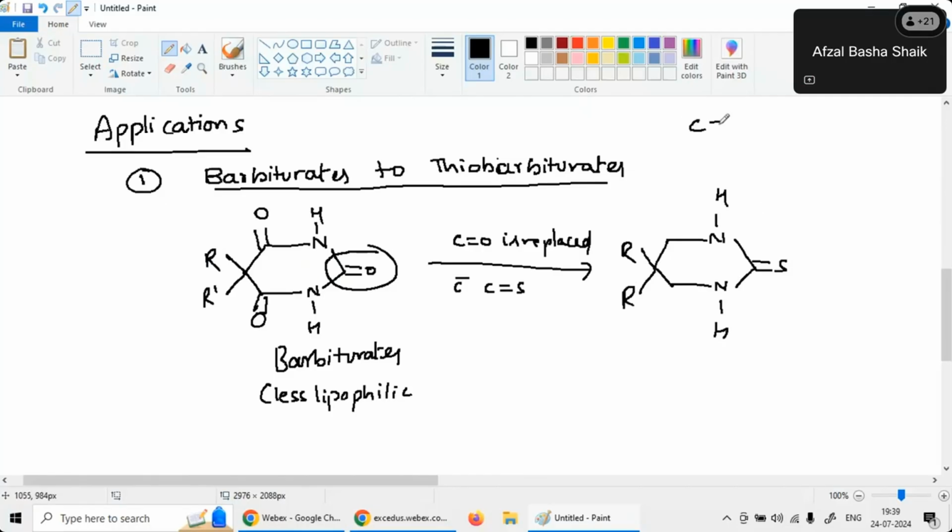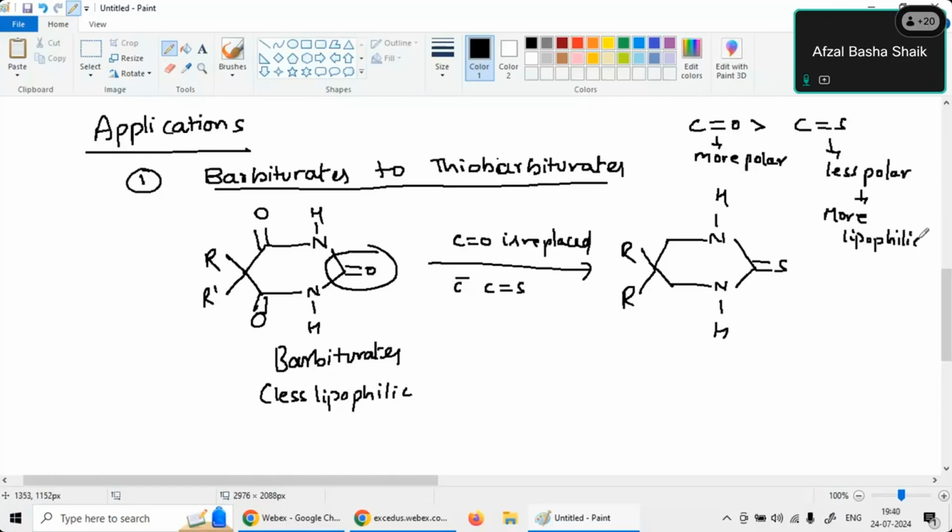if you see carbon double bond O and carbon double bond S, the carbon double bond O is more polar, whereas carbon double bond S is less polar. Less polar means more lipophilic.